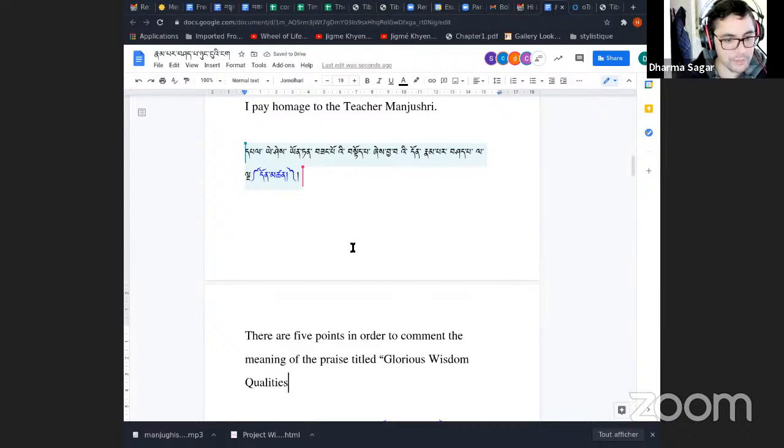Yeah, I think I'd better keep it in the Tibetan order because I don't want to superimpose some meaning that I do not know of. Okay.